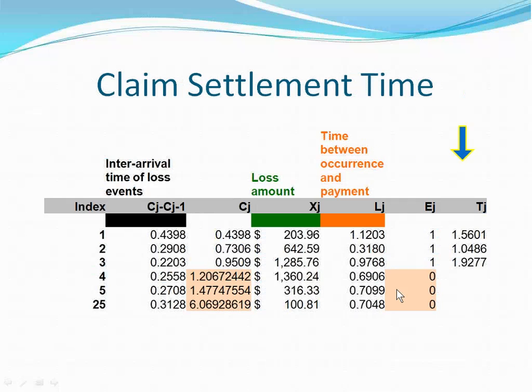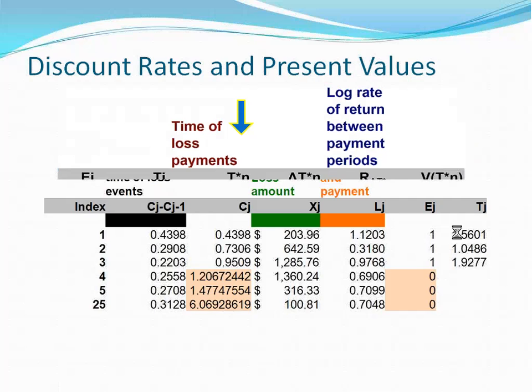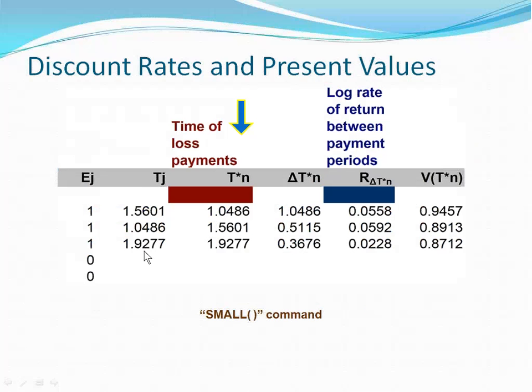Now for covered events, we want to obtain the timing of the payments. The timing of the payment is obtained by summing two items, the time of the loss event and the time between occurrence and payment. So the sum goes here. Next, we sort out this timing, which is important when we generate the present value factors shortly.